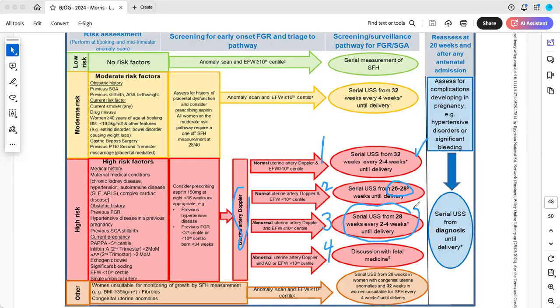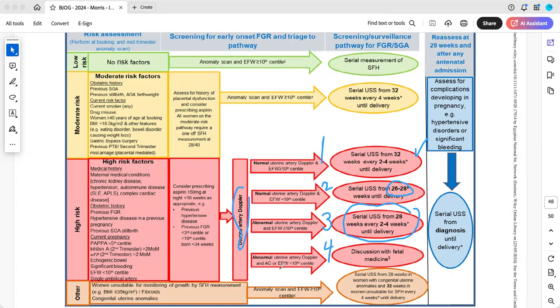How about condition number 4? The condition number 4 says abnormal uterine artery Doppler and abnormal weight, both are not good. So what shall I do? Actually, I need to discuss with the fetal medicine, especially if this is discovered very early, like at the anomaly scan or at the 23+6, okay?